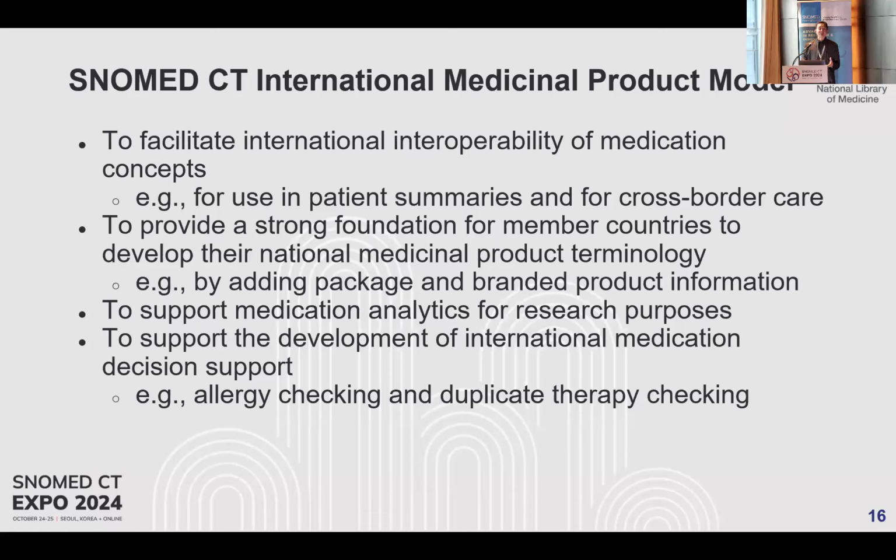The third use case would be to facilitate the pooling of data together from various sources to support clinical data analytics for research purposes. And last but not least is, of course, to support the development of medication decision support systems like allergy checking and duplicate therapy checking.